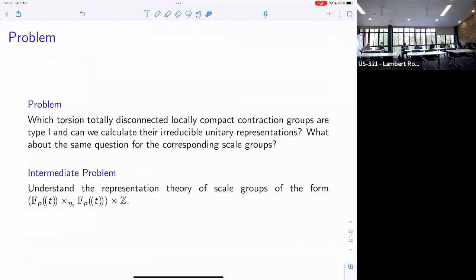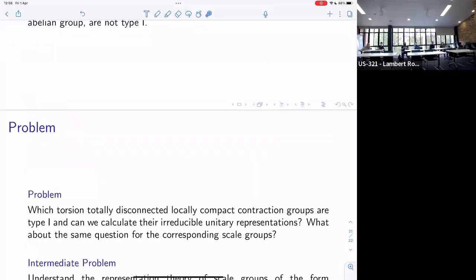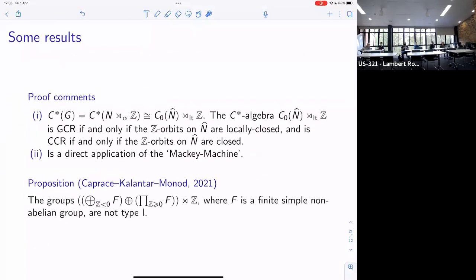Now, the general problem that I'm working towards solving is the following. Actually, let me backtrack a little bit. When I was talking about the Mackey machine, I said that by studying the unitary representations of the normal subgroup, we can reconstruct the representations of the whole group. But one of the conditions for Mackey analysis to apply is that the normal subgroup has to be type 1.